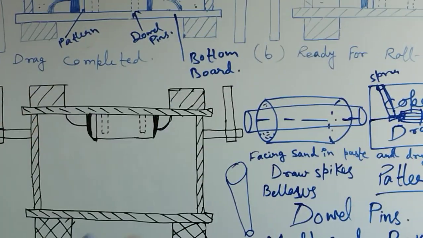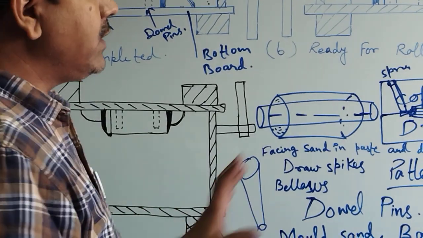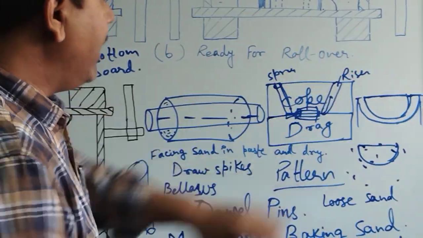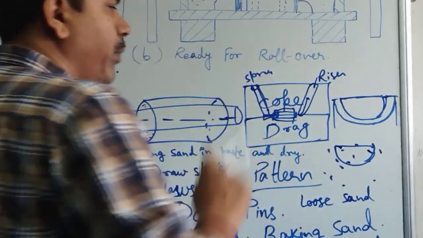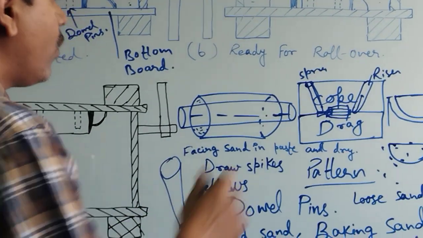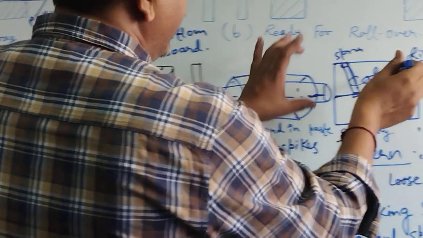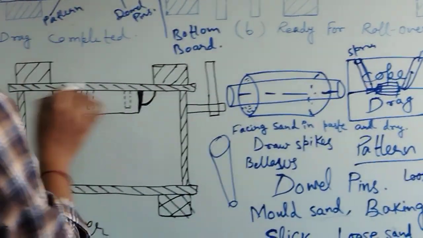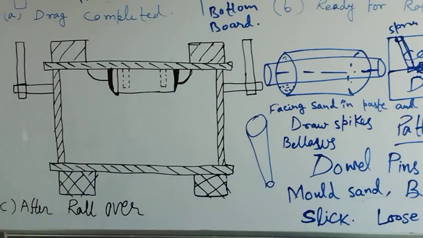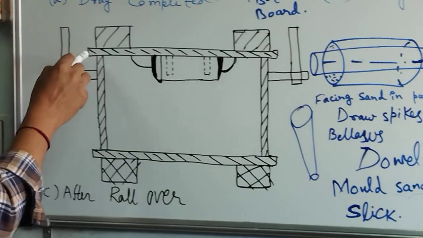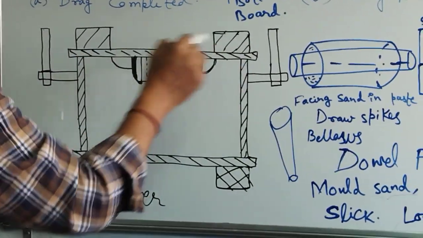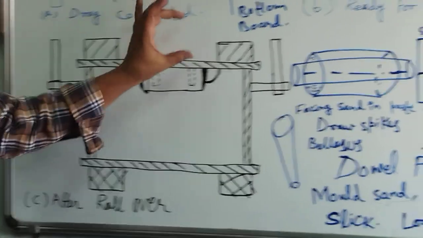The same process is applied for making the cope, and the cope is ready. The cope is made at the top of the tray. Now first we remove the bottom board and the supporting sticks.